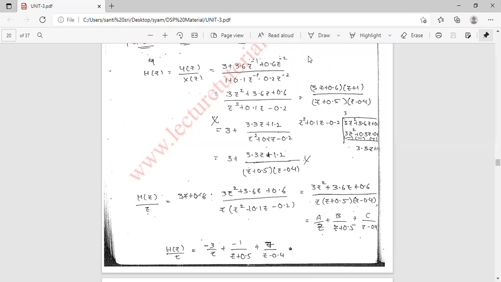Now divide both LHS and RHS by z. So using partial fractions, a by z plus b by z plus 0.5 plus c by z minus 0.4. So a, b, c can be calculated using the partial fractions method.